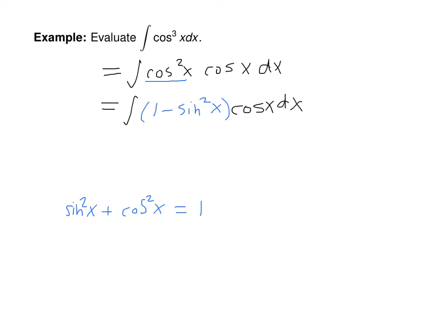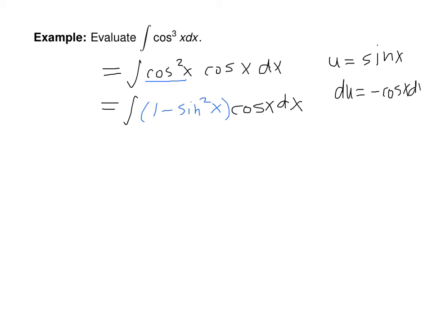And now, if you let u equal sine, you can just use a u-substitution to find this integral. So u is equal to sine x, du is cosine of x dx. So we have plain old cosine of x dx, which is du.